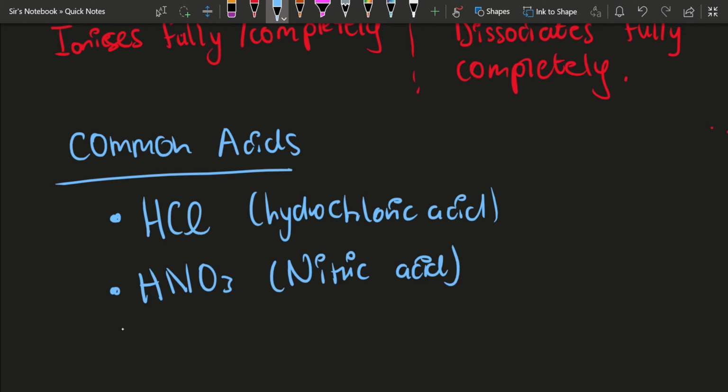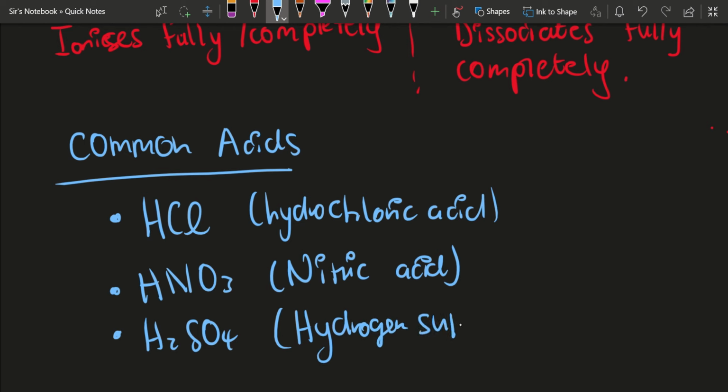And then we have sulfuric acid, H2SO4, or hydrogen sulfate. I'm just going to say hydrogen sulfate, or some may say sulfuric acid. Okay, cool. So we have our hydrogen sulfate, our nitric acid, and our hydrochloric acid.